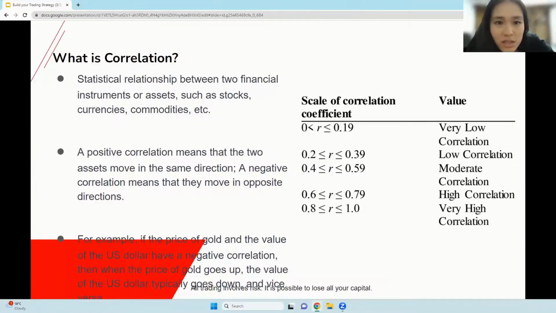Seems like we're all good. Let's move on to correlation.